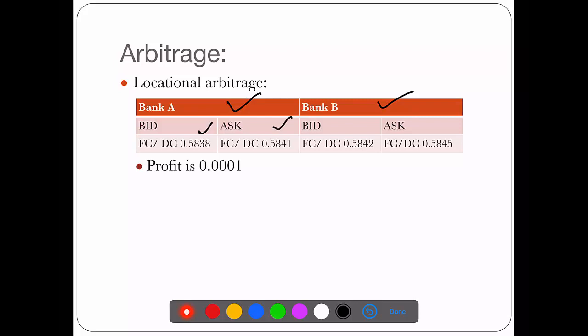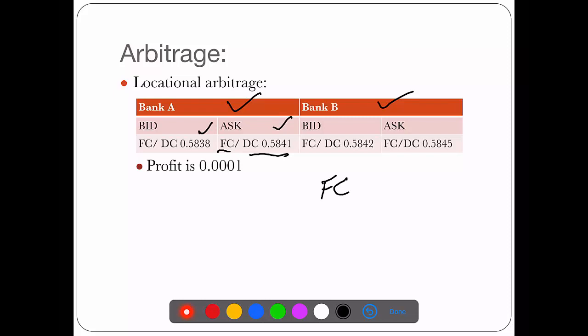So obviously you can see there is a spread, and they want to sell the foreign currency at a high rate. Now let's suppose you go to Bank A, ask for this foreign currency, and pay them 0.5841 units of the domestic currency. So now you have 1 unit of the foreign currency.